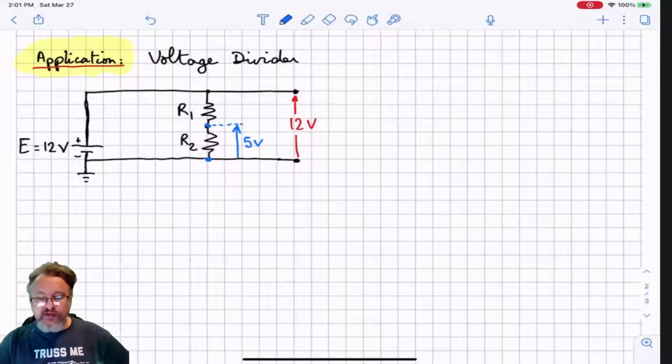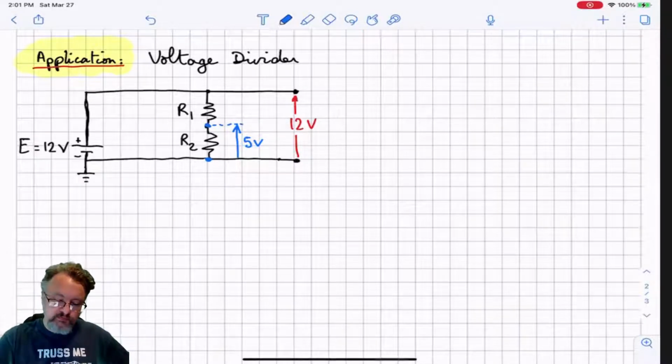That means that if I were to take a multimeter and measure the voltage drop just by R2, that will be 5 volts.